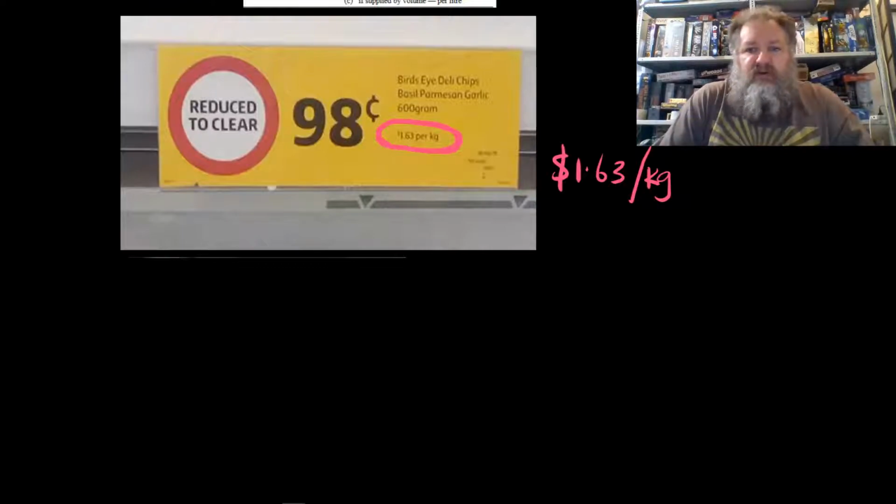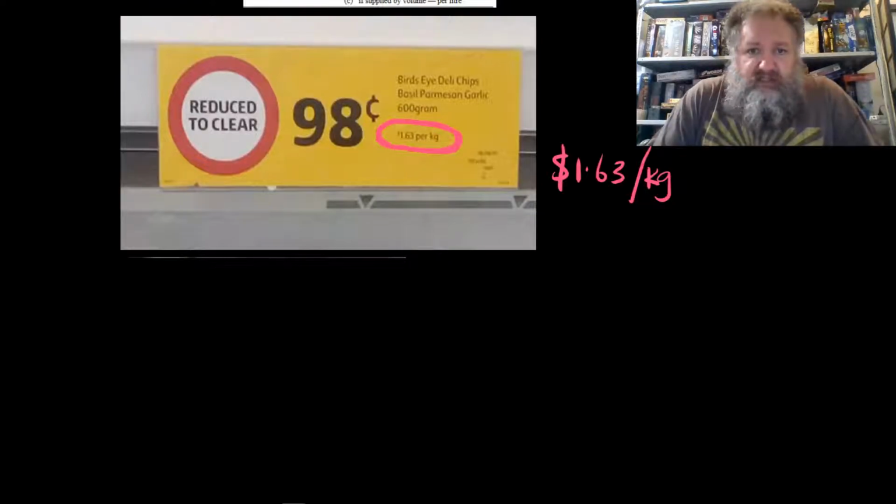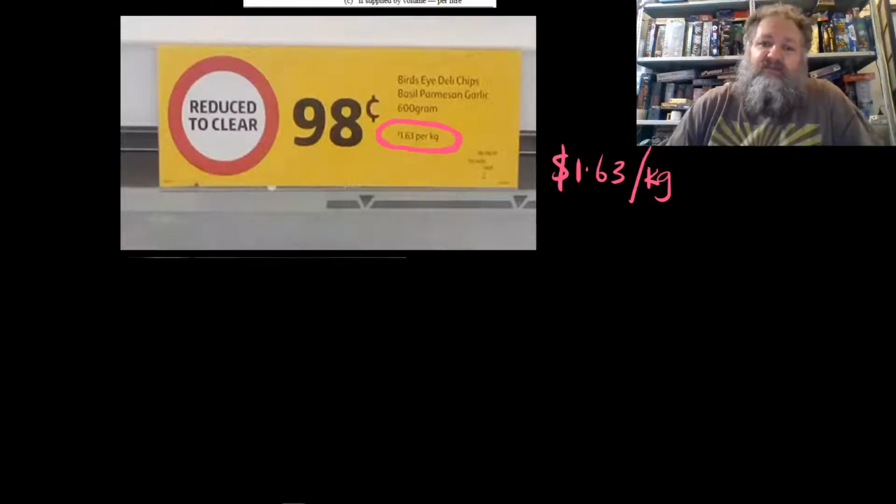So we have a per kilogram weight value, and that's what their price is based on. Now, obviously, because it's 98 cents, we must know that it is less than a kilogram. And we are correct. It's only 600 grams. That's how many of these chips that you get.